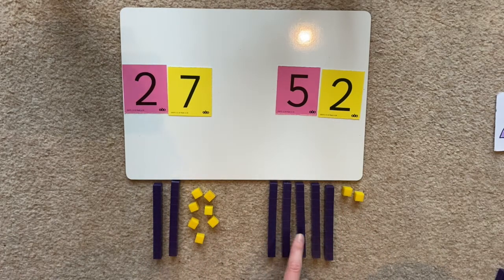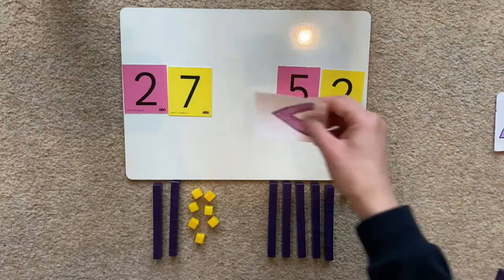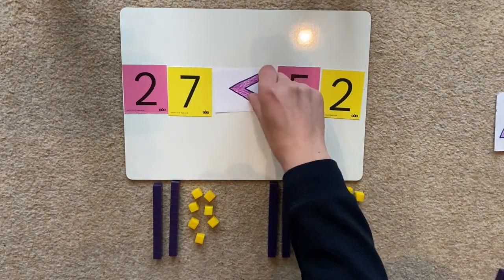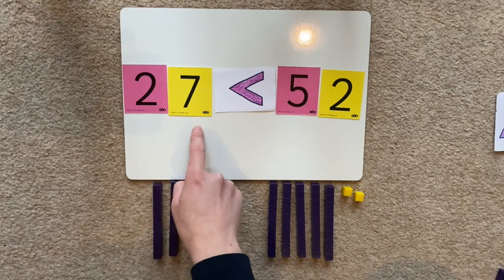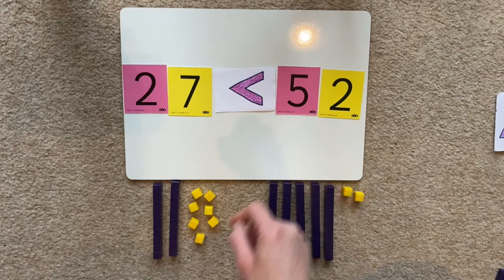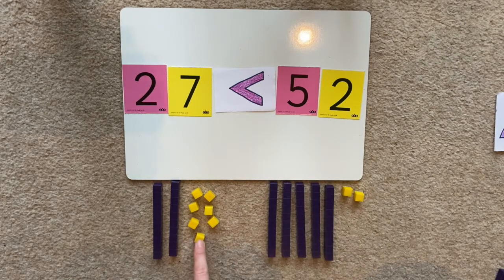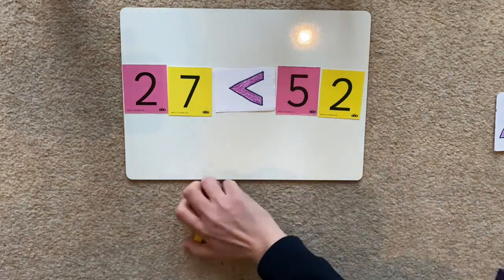So 52 is greater than 27. 52 is the greater number, but when we read the number sentence, we read it as 27 is less than 52. So remember, even if there's more ones, you have to look at the tens, because look at how much bigger 52 is. Okay, the next one, you are going to do it on your own.